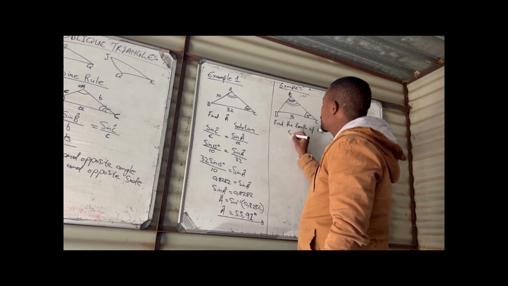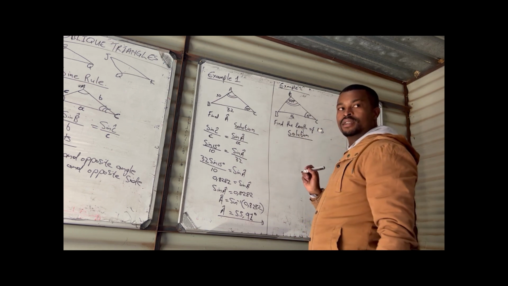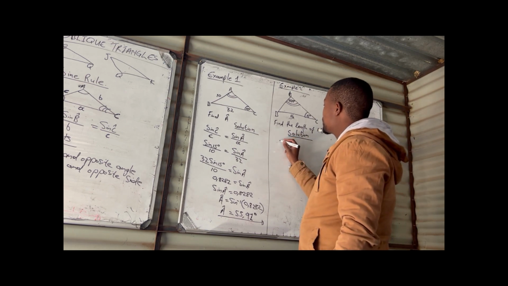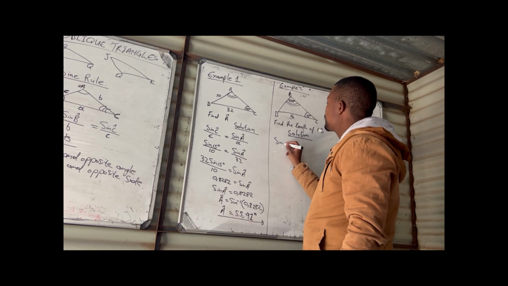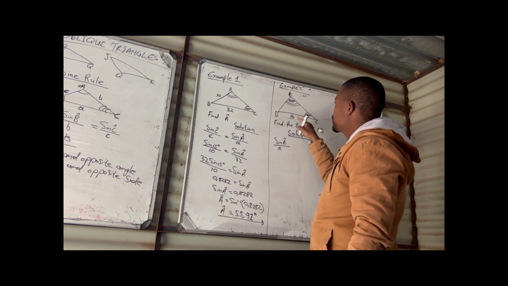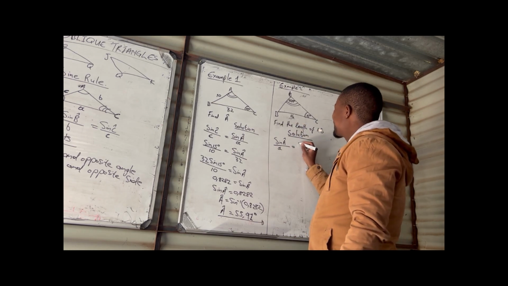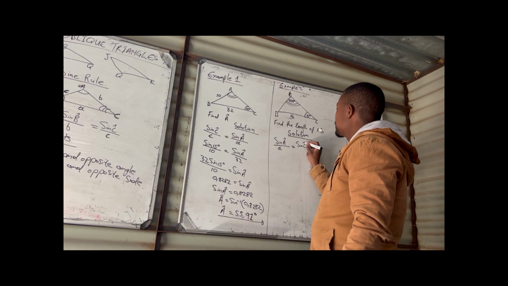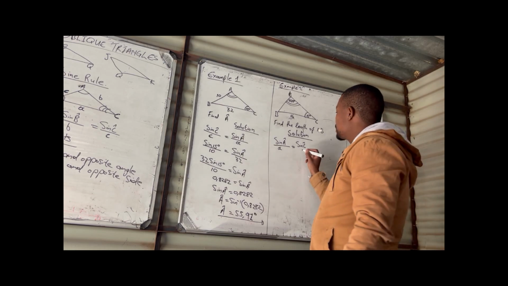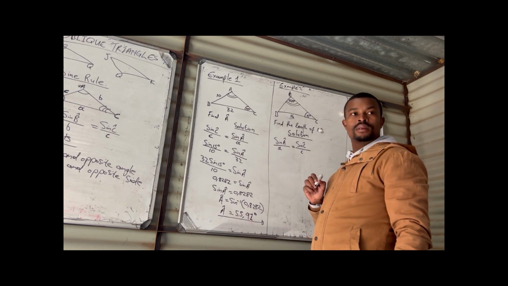For our solution, we say sine of angle A over small letter a, which is the opposite side, is equal to sine of angle C over small letter c.